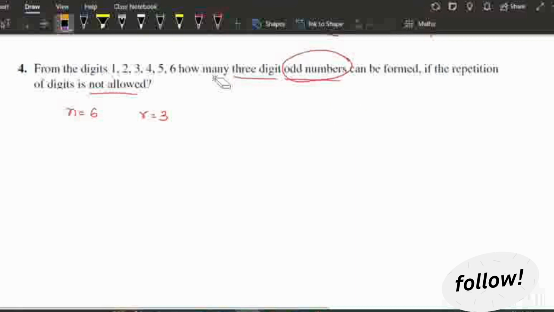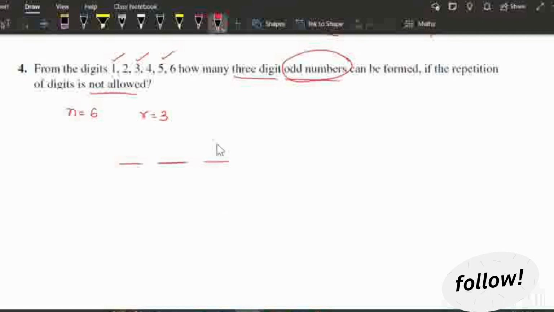Now, what is an odd number? So we have 3 positions. An odd number is the one which ends with an odd digit, right? So how many odd digits are there here? We have 1, 3, and 5. So for this 3-digit number to be an odd number, the last digit should be an odd number.